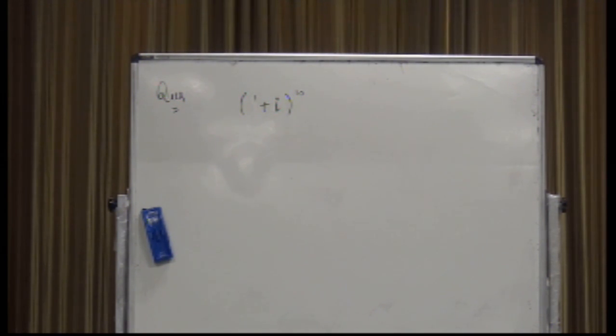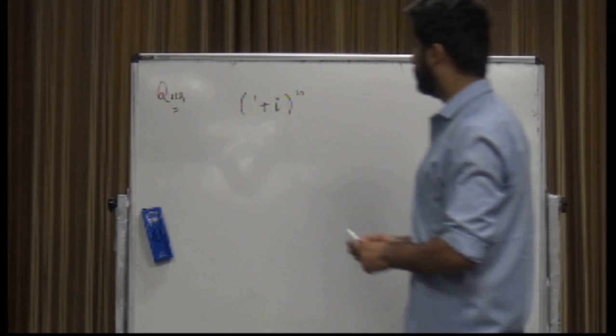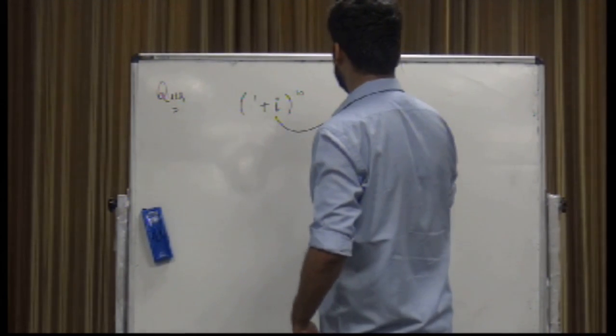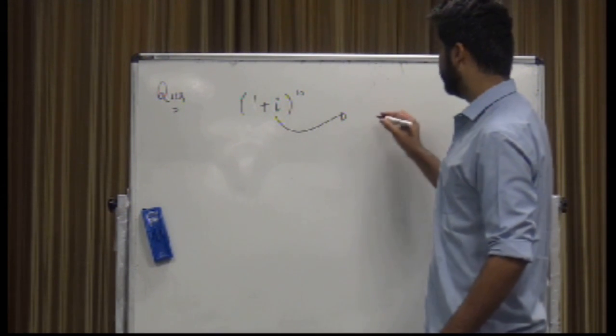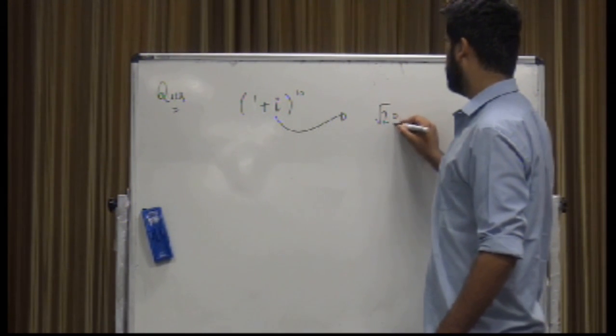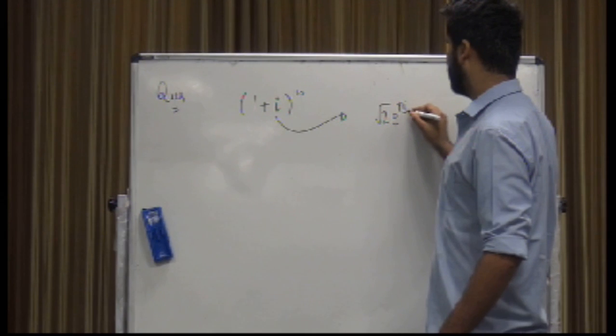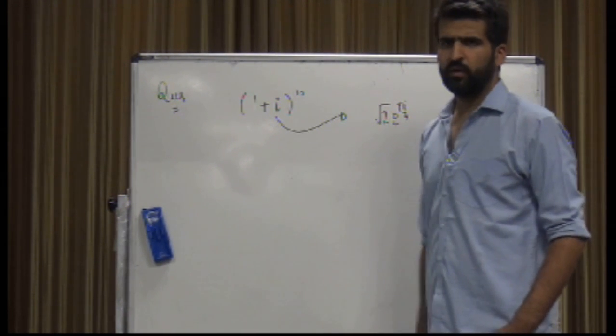Calculate 10 pi by 5 e to the power iota 10 pi by 5. So first of all, write this term in the Euler's form. This can be written as root 2 e to the power iota pi by 4, whole power 10. Can you do this?